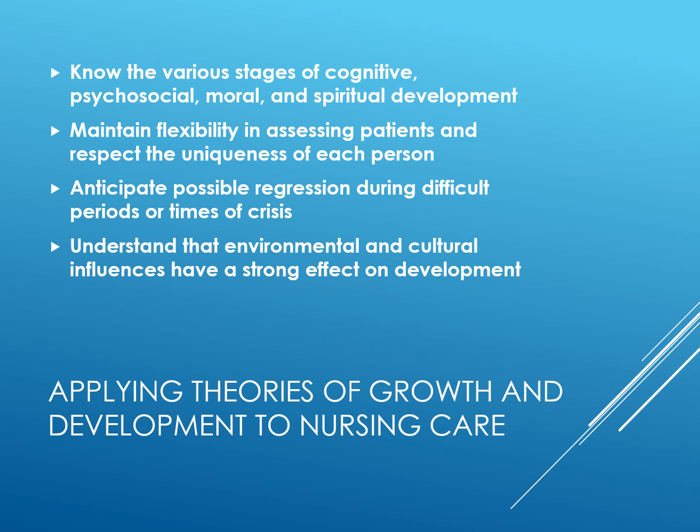First, know the various stages of cognitive, social, moral, and spiritual development. The nurse needs to learn that in order to realize what stage a person is in and be able to care for them appropriately. Maintain flexibility in assessing patients and respect the uniqueness of each person, because everyone's an individual and therefore should be treated as an individual.